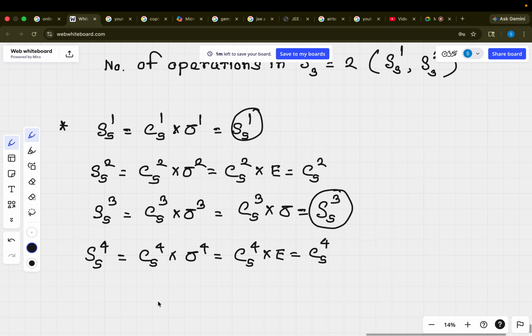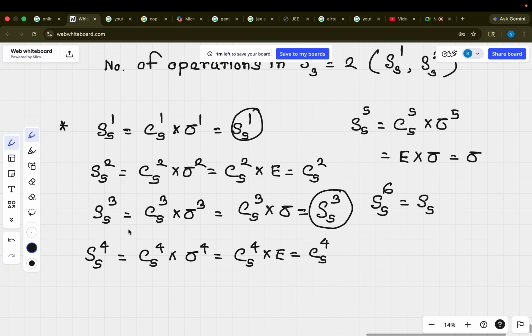So you are getting only C5 4. Now suppose you have S5 5. That will be equal to C5 5 into sigma to the power 5. C5 5 is actually equal to identical, and sigma to the power odd means sigma. So you are getting only sigma. And another left, that is your S5 6. S5 6 means C5 6 into sigma to the power 6.